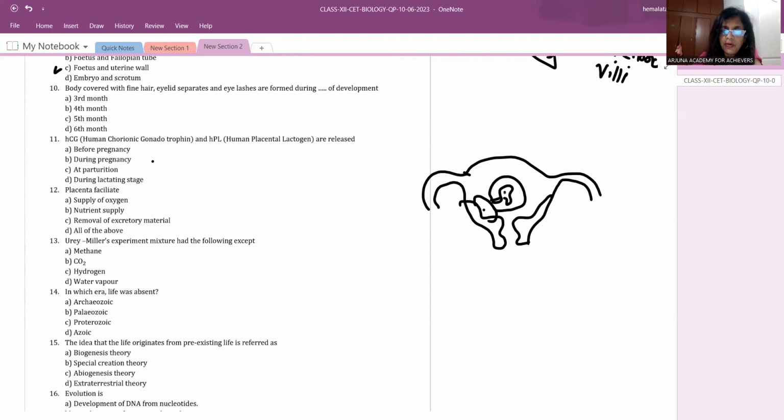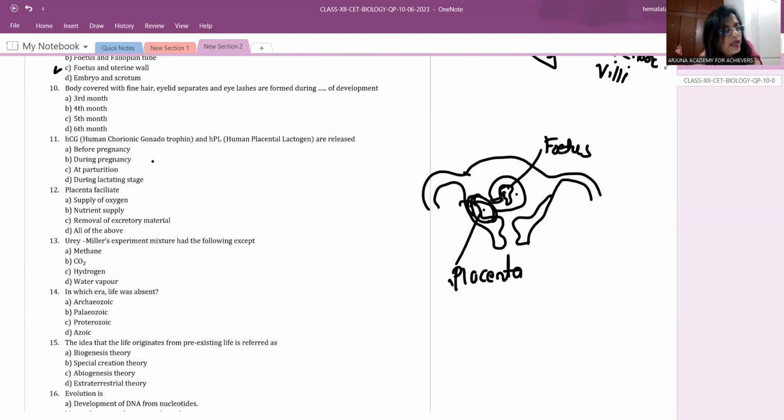What is it connecting? The placenta connects the uterine wall and the fetus. Therefore, the answer should be fetus and the uterine wall.